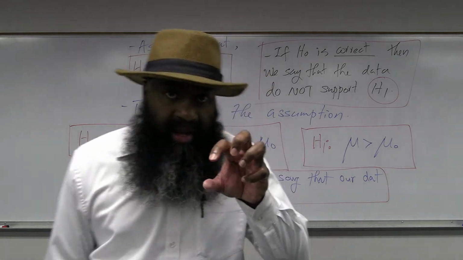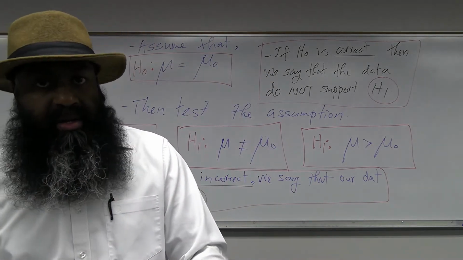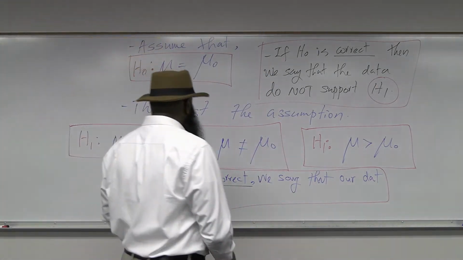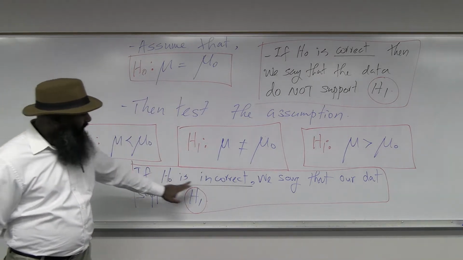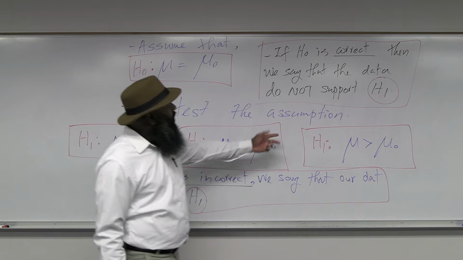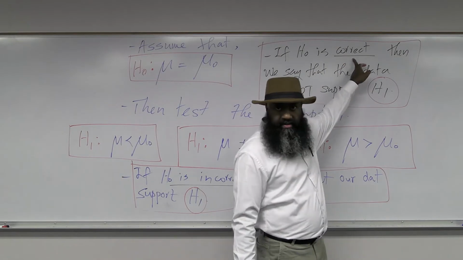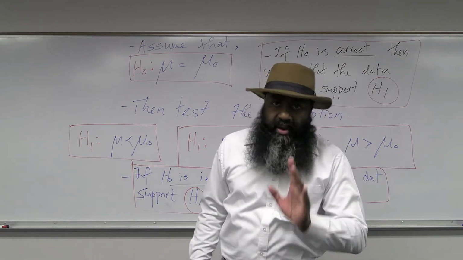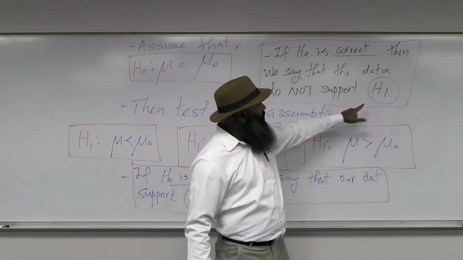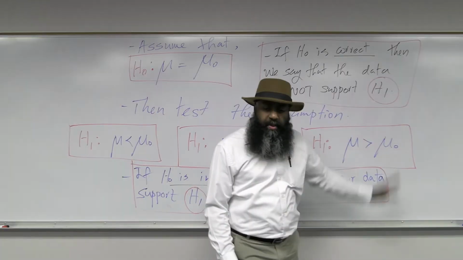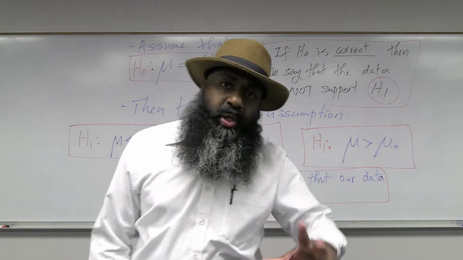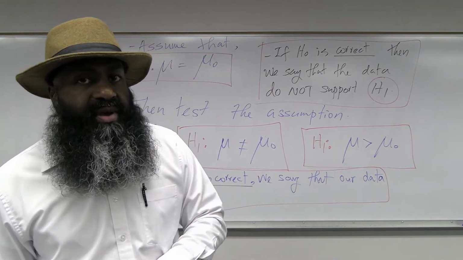And also that given value should be specified. So it's very important to pay attention here. Whether your null hypothesis is incorrect or correct, the interpretation is written only about the alternative hypothesis. Okay? Which means interpretation should be only about the alternative hypothesis.